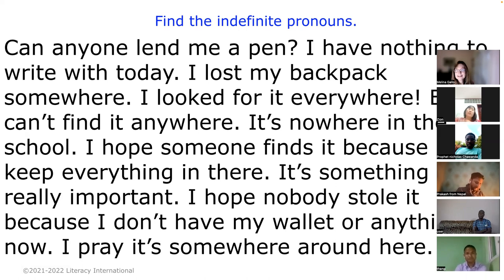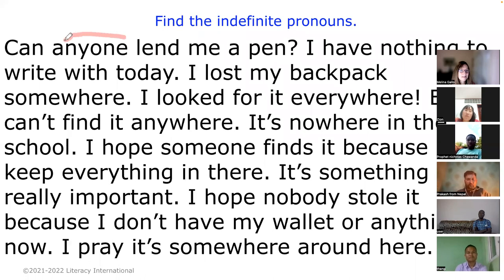So I know that some of you have access to annotation tools in your Zoom. And so if you do, what I'm going to ask you to do is just click on your annotate, draw, and then I want you to draw or circle the indefinite pronouns that you see in this paragraph.